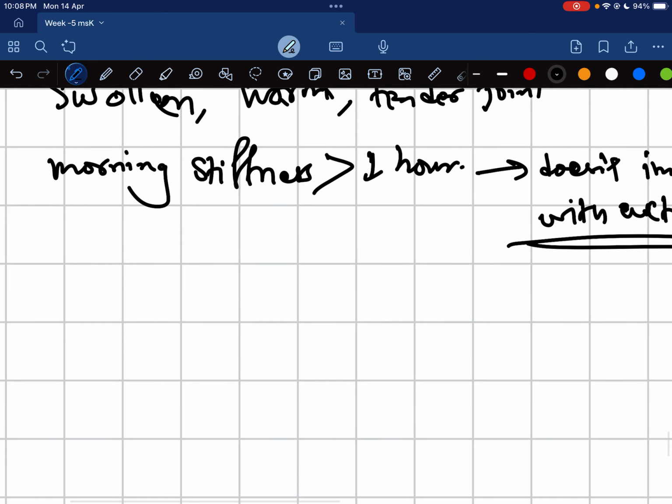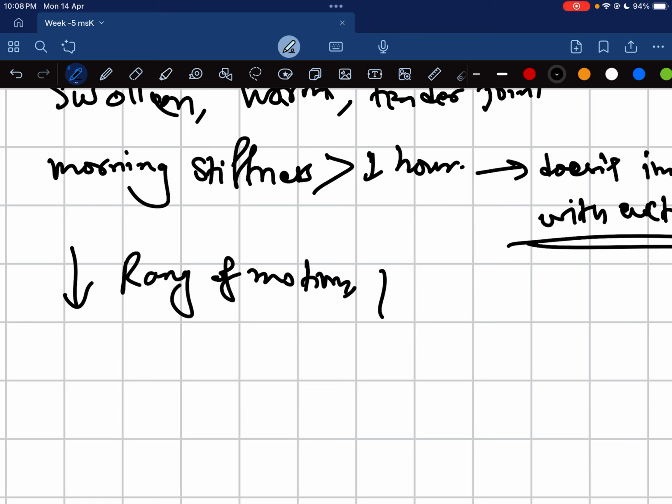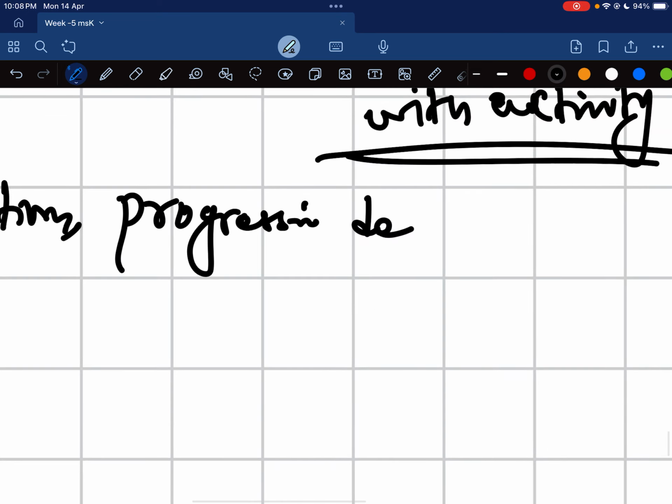There is decreased range of motion and increasingly progressive deformities occur.